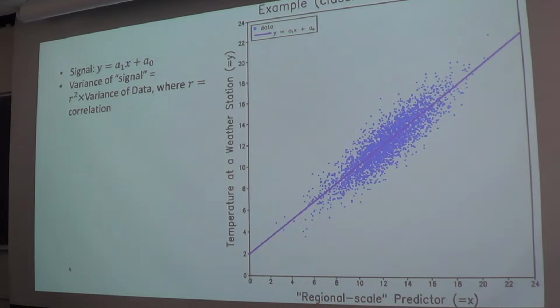But again, if you just use the purple line, you'll underestimate the variance. If R is the correlation between these two, X and Y, then the variance of the signal that you predict from your downscaling will be reduced by a factor of R squared.